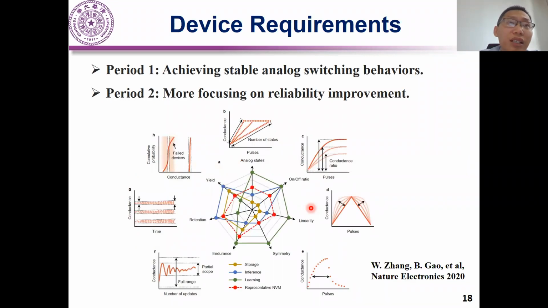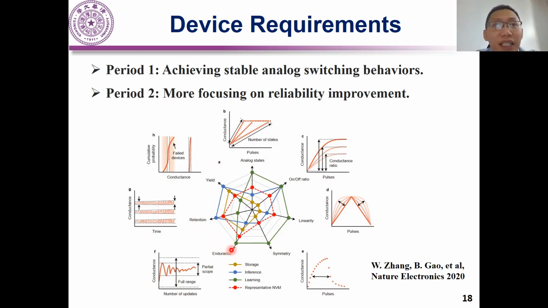The analog RRAM for CIM application is much more complex than binary RRAM for data storage application. And for the learning case, the device requirements are also quite different from the inference only case. So here we show their performance requirements. We can see the data storage application only focuses on reliability issues like yield, retention, and endurance.